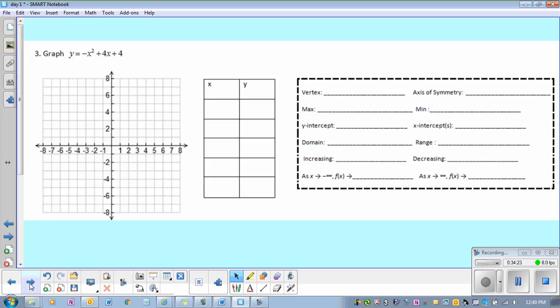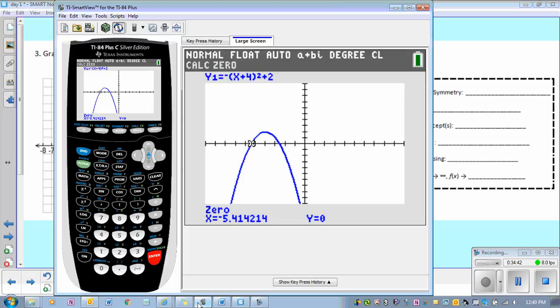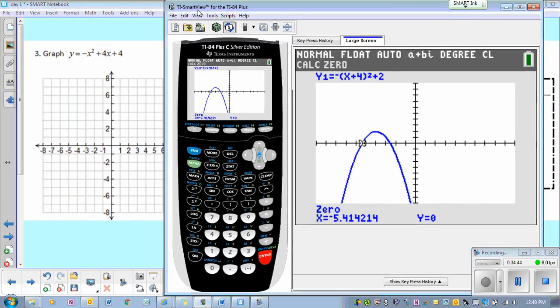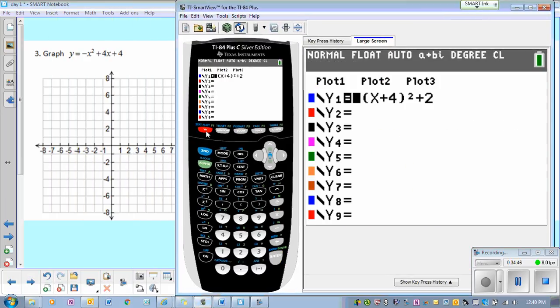I showed you how to find the vertex by hand, or you can find the vertex using the calculator. I'm going to show you how to do it in the calculator with this one. So y equals negative x squared plus 4x plus 4. Go to y equals and put that in. Oh, no, negative.